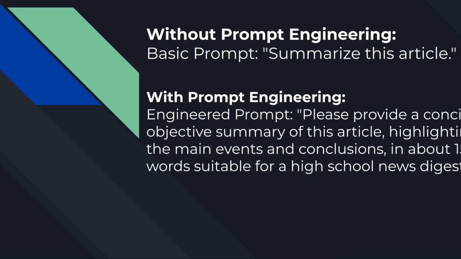So the engineered prompt will look something like this: Please provide a concise, objective summary of this article, highlighting the main events and conclusions in about 150 words, suitable for a high school news digest. So this is what prompt engineering is. It's nothing major or complex. It's just the way of asking a question or writing a statement.